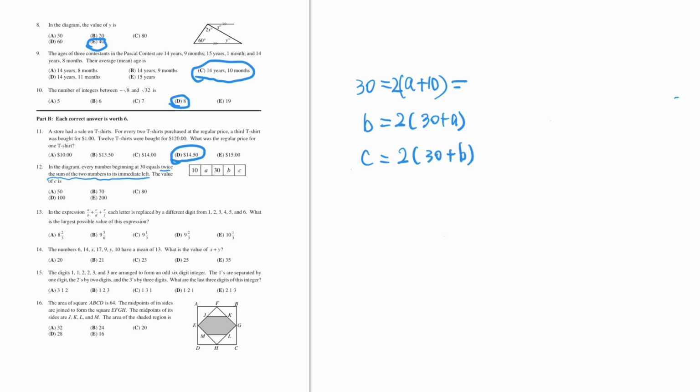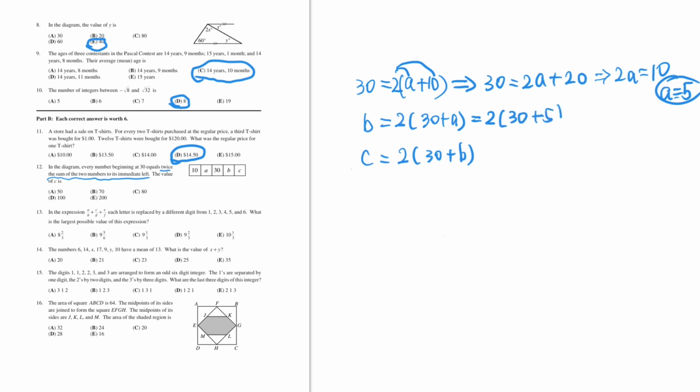From the first equation, 30 equals 2A plus 20. That's the distributive property, 2 times A, 2 times 10. That means 2A equals 10. That's A equals 5. B equals 2 times, plug in A equals 5, 30 plus 5.